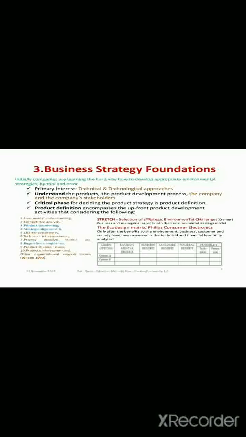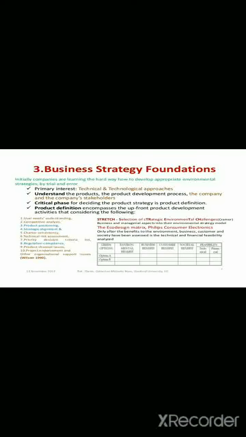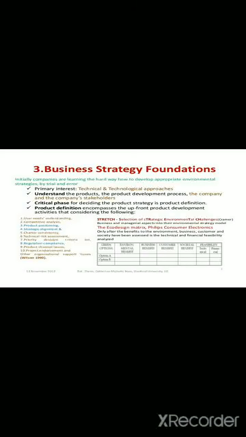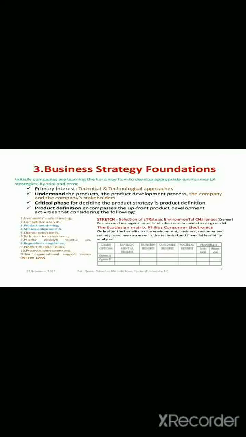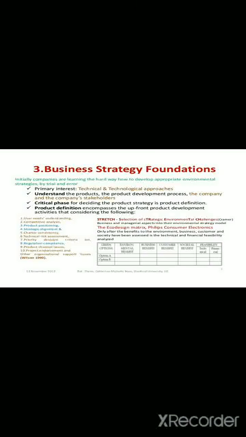Business strategy foundation. Initially, the companies are learning the hard way how to develop appropriate environmental strategies. These strategies have different levels. First one is a primary interest, that is technical and technological approaches.